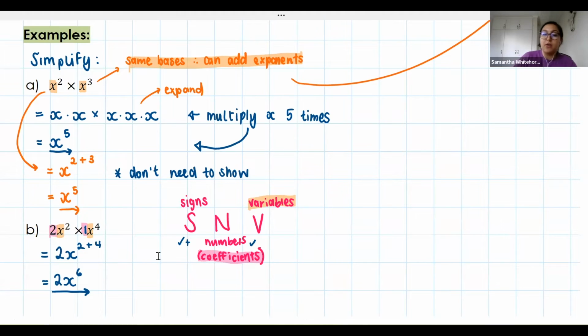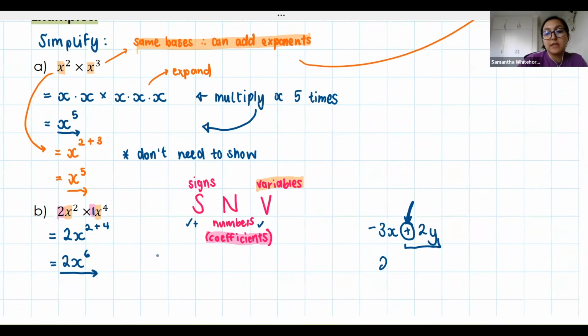If, however, we had 2 terms, so let's say, for example, we had negative 3x plus 2y, because it's now the second term, we need to show that it's a separate term, and so we would put the plus. But if I wrote it the other way and said 2y minus 3x, I don't have to put the plus there. We leave off a plus, and we just always assume that if there's no sign in front, it is a plus.